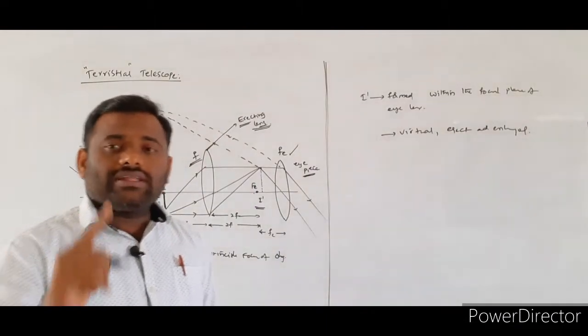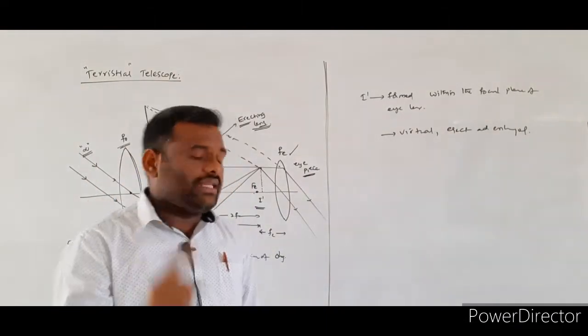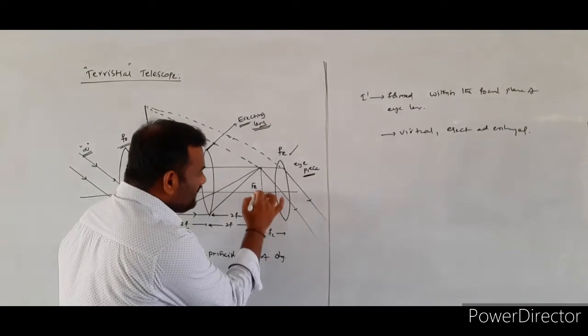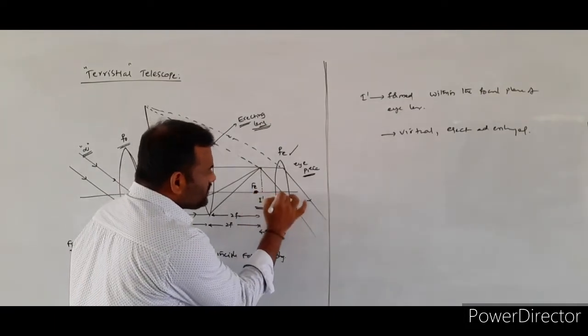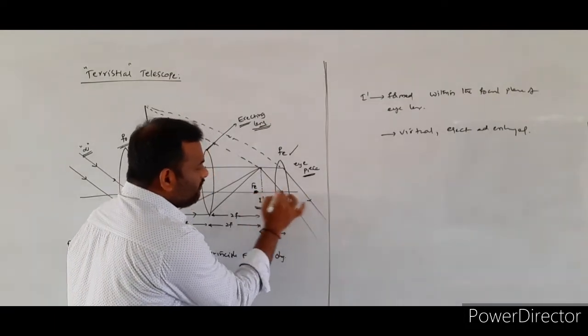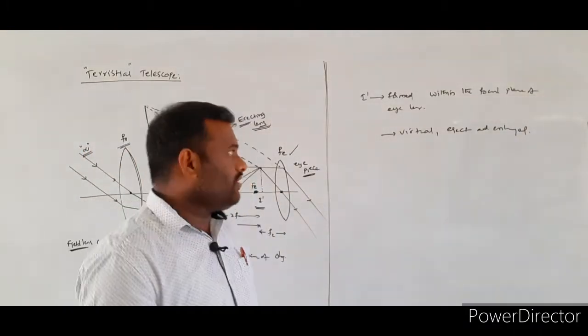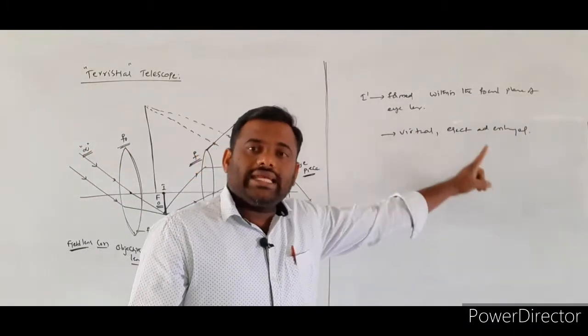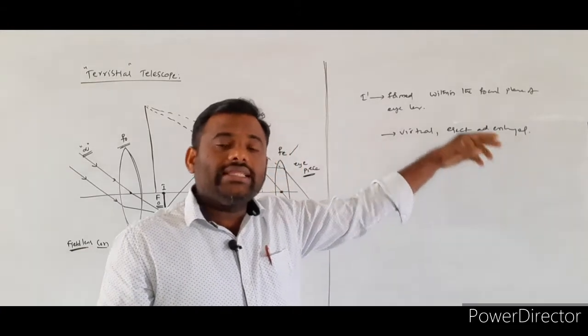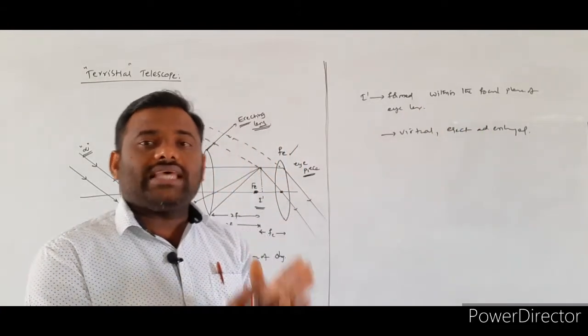Already we said that for a convex lens, whenever the object is between the focus and the optic center, the image will be virtual, erected and enlarged, and formed on the same side.